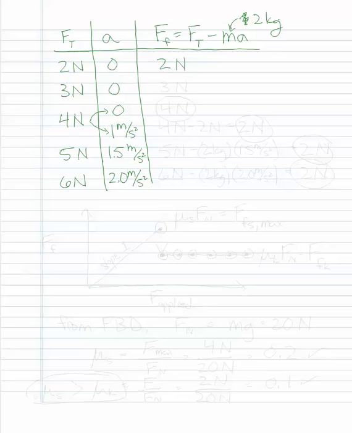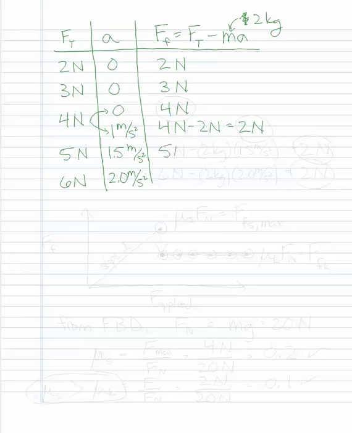So 2 newtons, and 3 newtons, and 4 newtons. Now, after it accelerates, then it's going to be the tension minus MA. So at 1 meter per second squared times 2 kilograms, that's 2 newtons. So we have 4 newtons minus 2 newtons is 2 newtons.